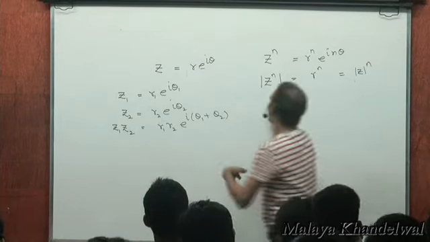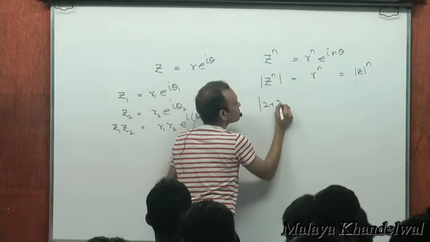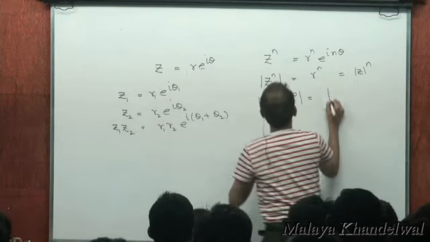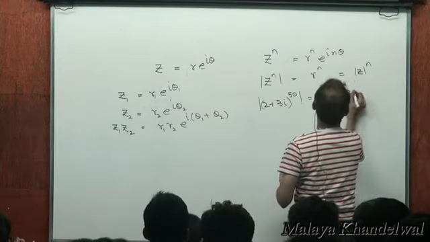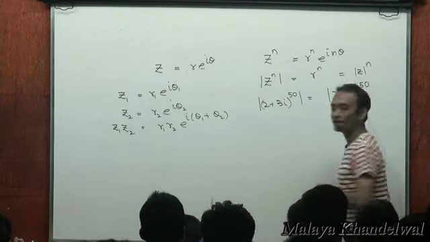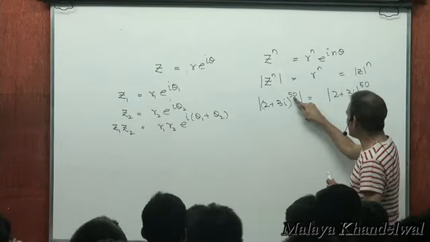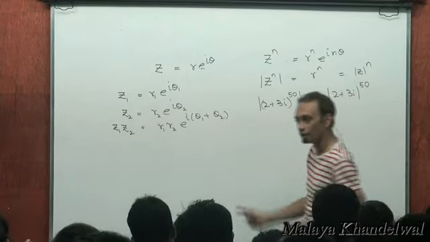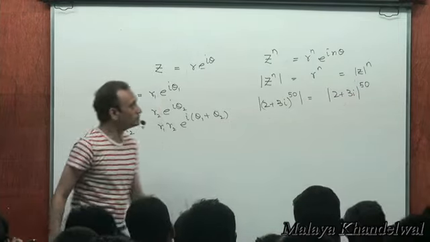You know what I'm saying? So if someone says, what is mod of 2 plus 3i whole to power 50? You can say that's the same as mod of 2 plus 3i whole to power 50. So modulus and the power are interchangeable in an operation. Clear?